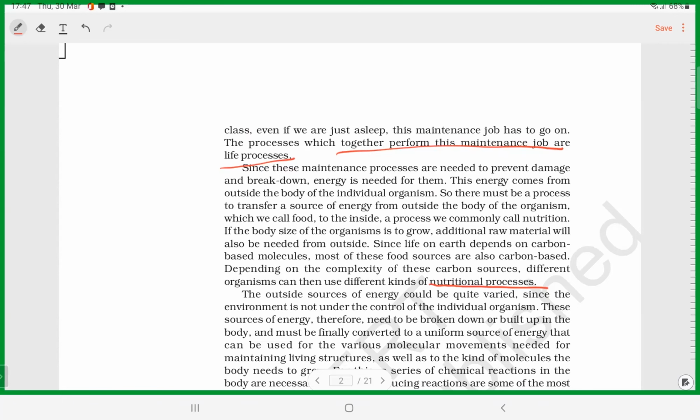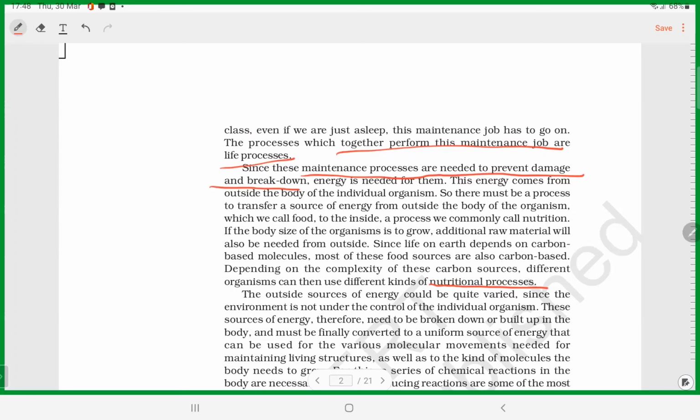Simple. We are multicellular organisms, so we need a lot of complex food. Since we are heterotrophic, what is this food used for? Food is used for maintenance processes to prevent damage and breakdown.